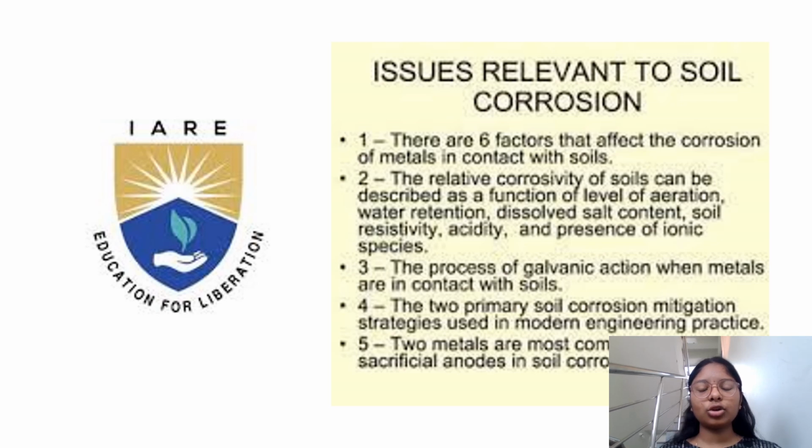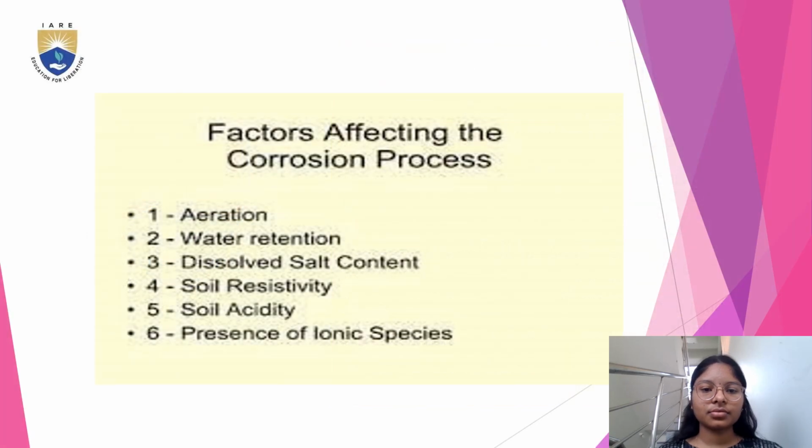Now, we look into another slide. These are the factors affecting the corrosion process. There are 6 factors that are affecting the corrosion.